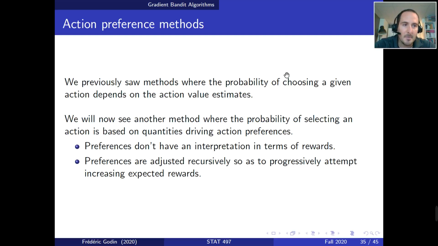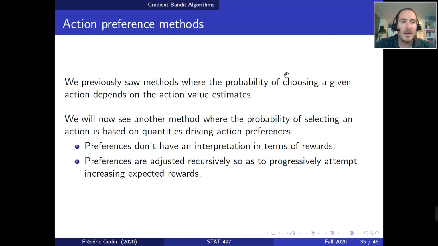This makes sense, but what we're going to see here is that it's possible to consider other methods which still attempt to maximize the expected reward, but which will not form direct estimates of action values. Instead of action value estimates, this new method will consider what we call action preferences.